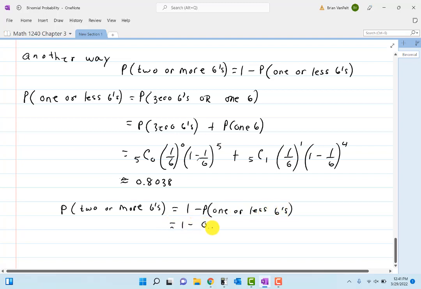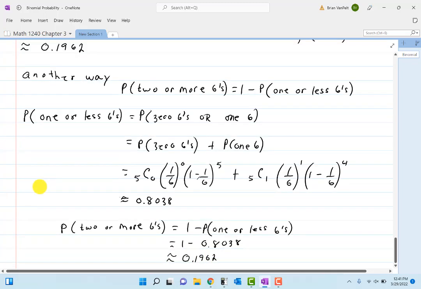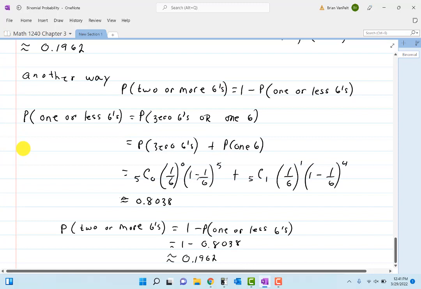It's 1 minus 0.8038. And let's compare it to my previous answer, and you can see they are exactly the same. So making use of this, remember this is the probability of something not happening, sometimes can be very useful in saving you a lot of effort.